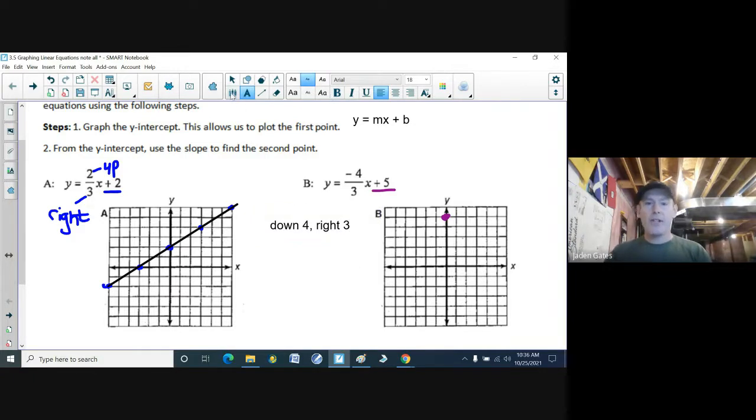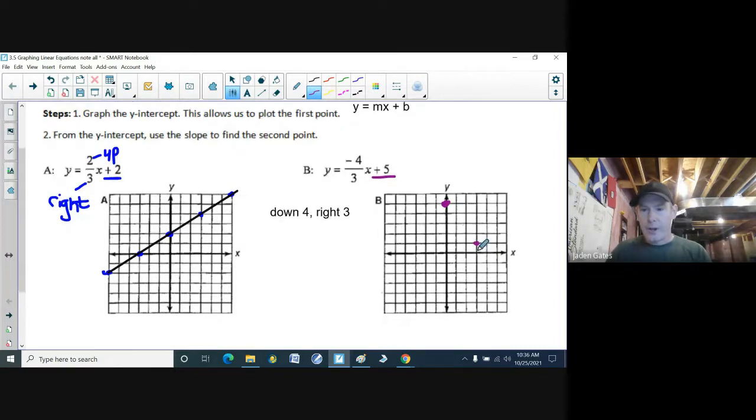So the pattern of this line is down 4, right 3. Again, I'm starting from the y-intercept because I have to start from a point on the line. 1, 2, 3, 4 down, 1, 2, 3 to the right.